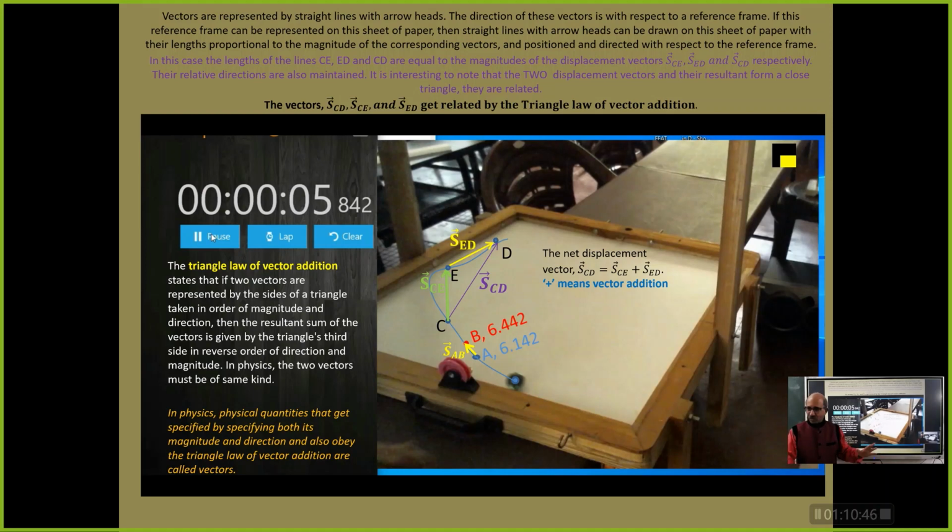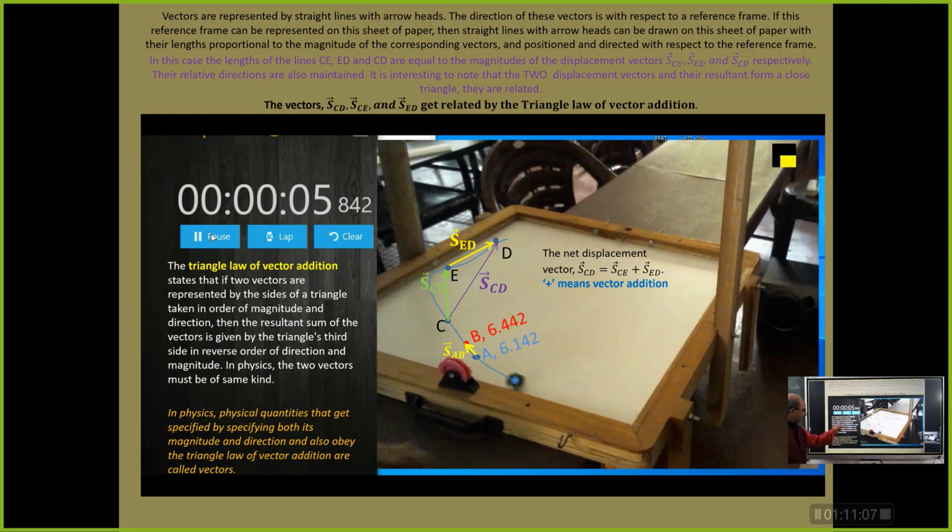Correct? So you just have to represent the vectors by the two sides of a triangle. The third side taken in opposite order gives you the vectorial sum total of the two vectors, both in terms of magnitude and direction.